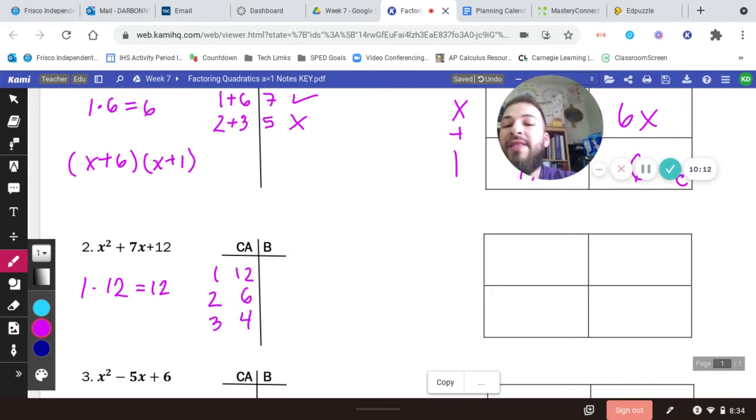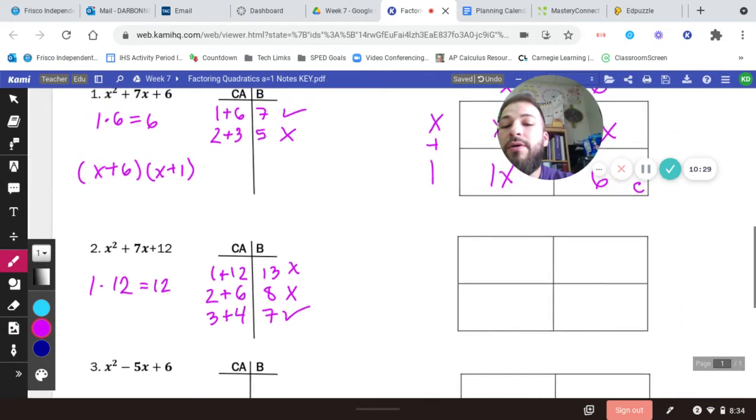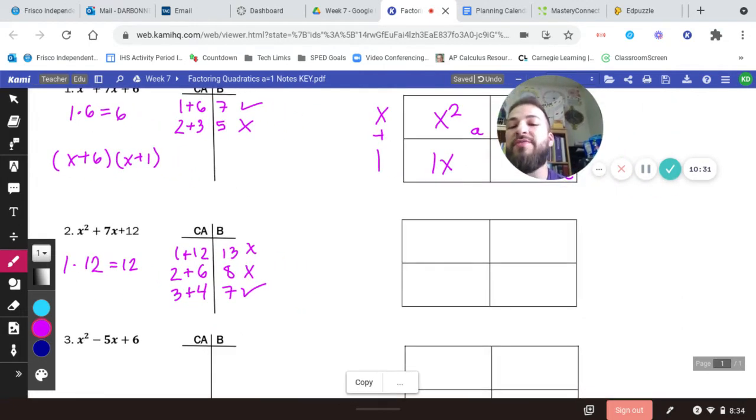Then I want to add those together to see if they match up with B. So 1 plus 12 is 13. 2 plus 6 is 8. 3 plus 4 is 7. So 13 does not match 7x. 8 does not match 7. 7 matches 7, though. So 3 and 4 are going to be our factors.